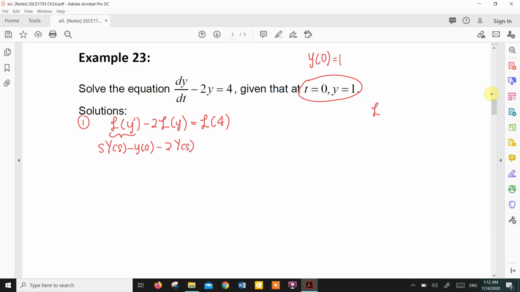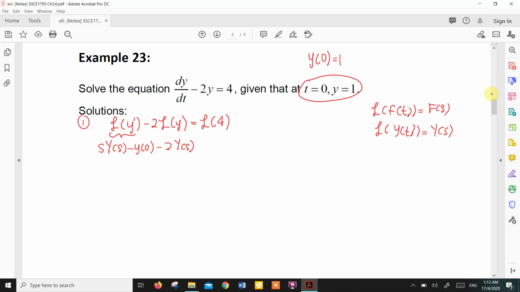The Laplace of y(t) is equal to Y(s), so y and y(t) are the same.